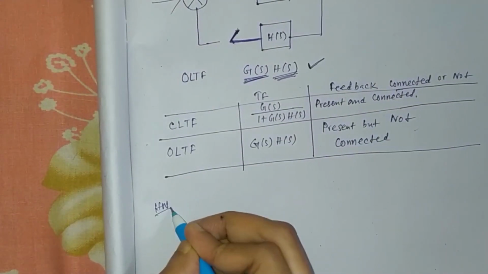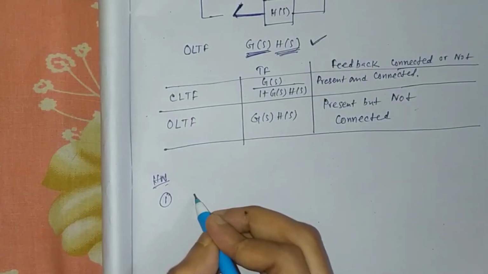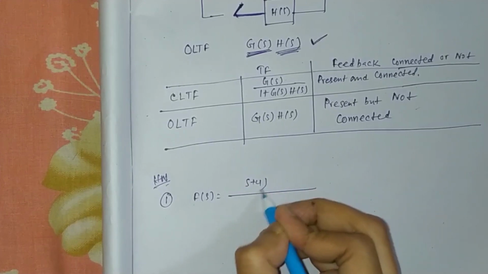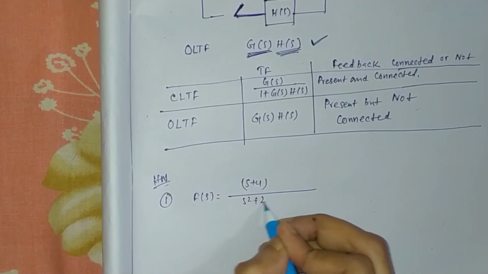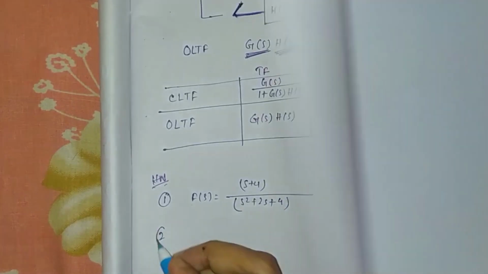Homework 1 is F(s) equal to (s plus 4) over (s square plus 2s plus 4).